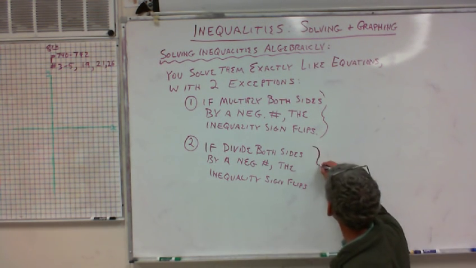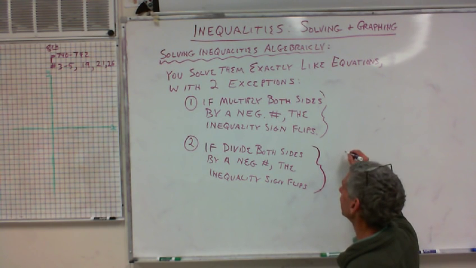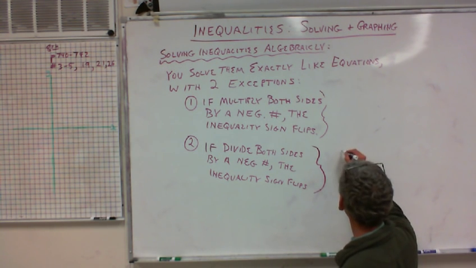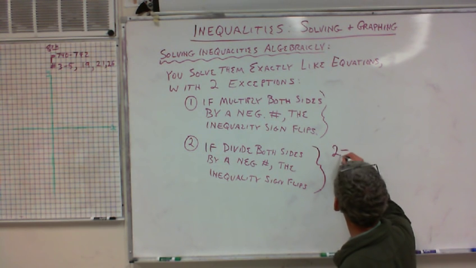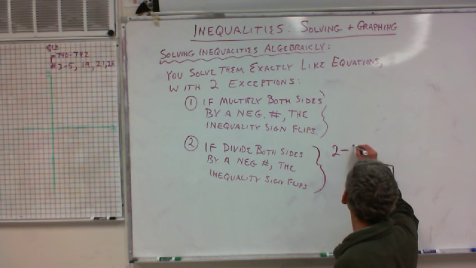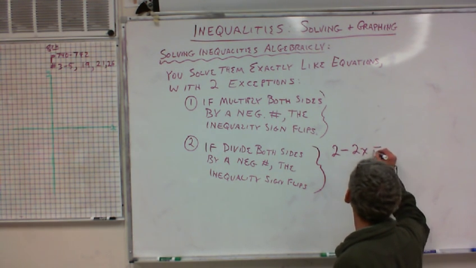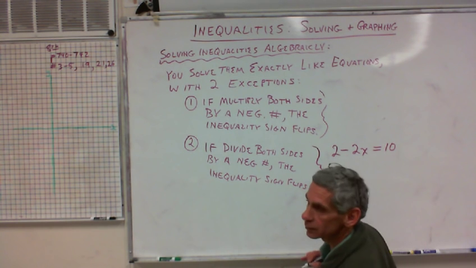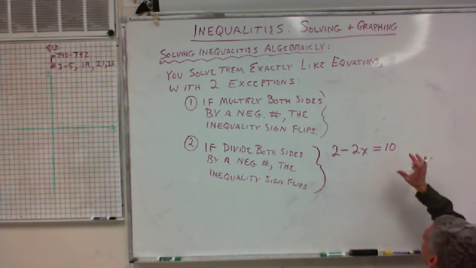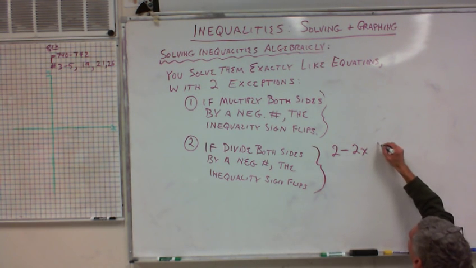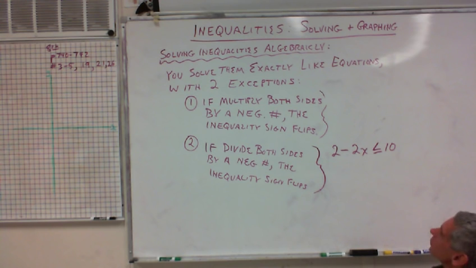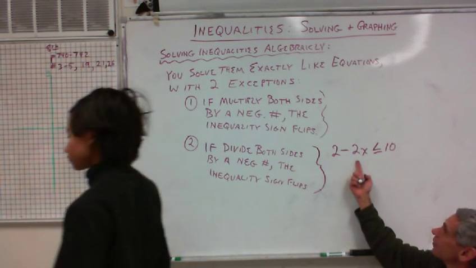So an example of this would be if we divide both sides. Let's say 2 minus 2x is less than or equal to 10. How would I solve this? I want my x's all by themselves.